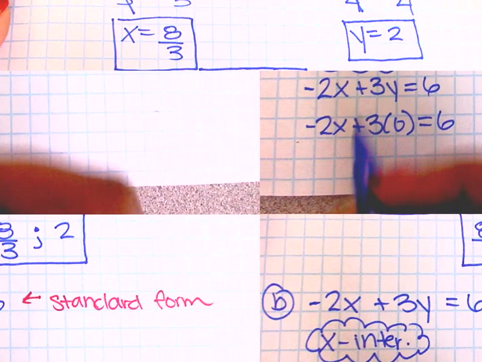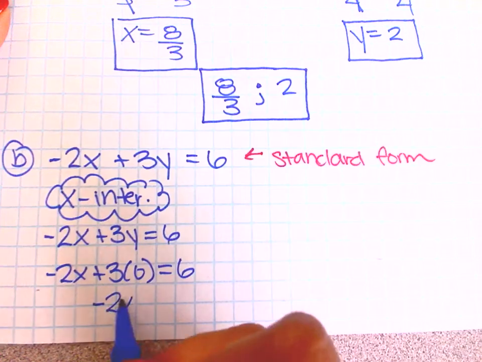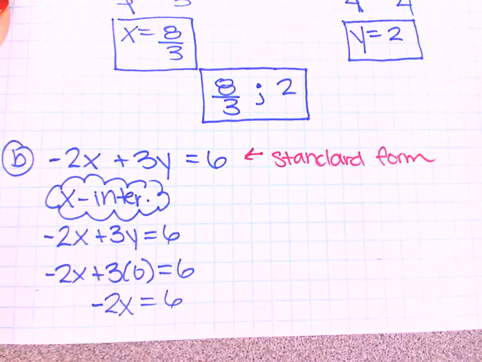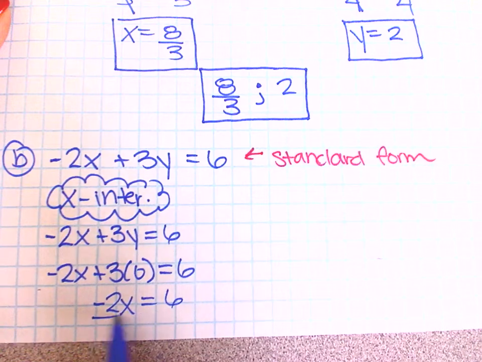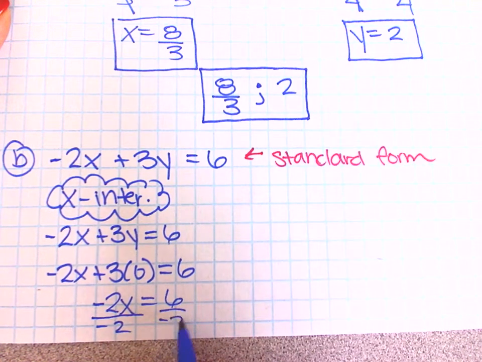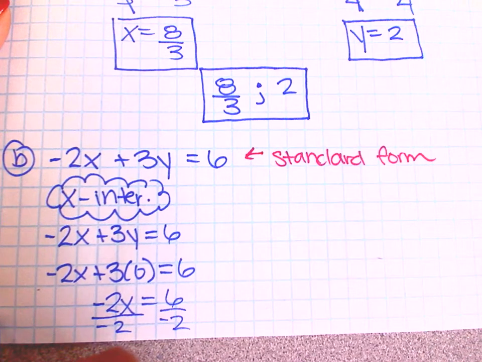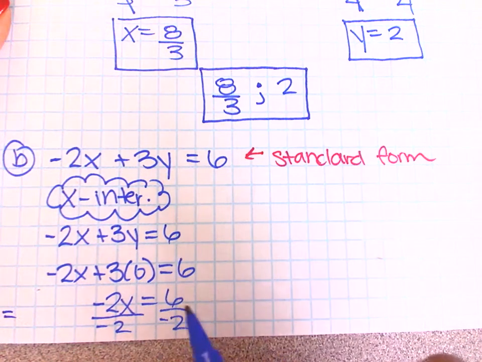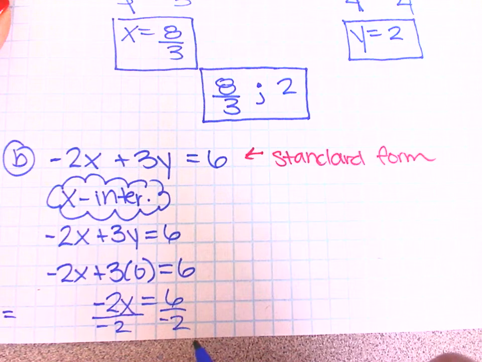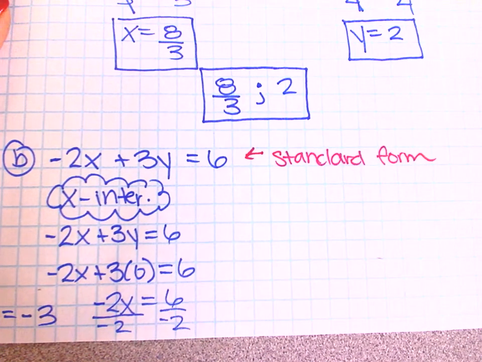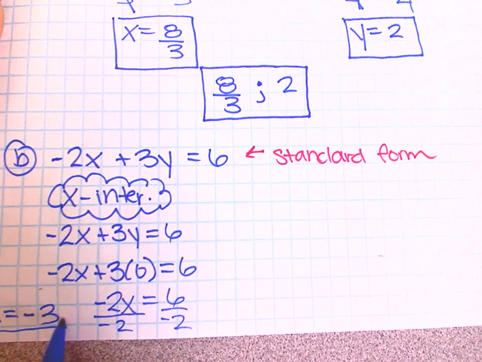Well, 3 times 0 is 0, so I'm left with negative 2x equals 6. To isolate the variable, I'm going to divide by negative 2 on both sides. I'm going to write it over here because I ran out of space. My x equals 6 divided by negative 2, negative 3. So I got x. That was easy.